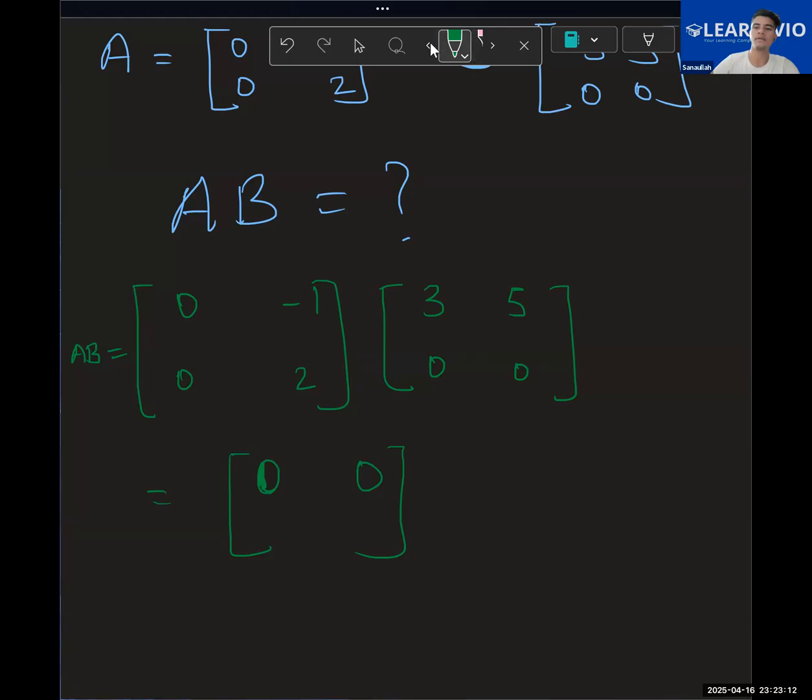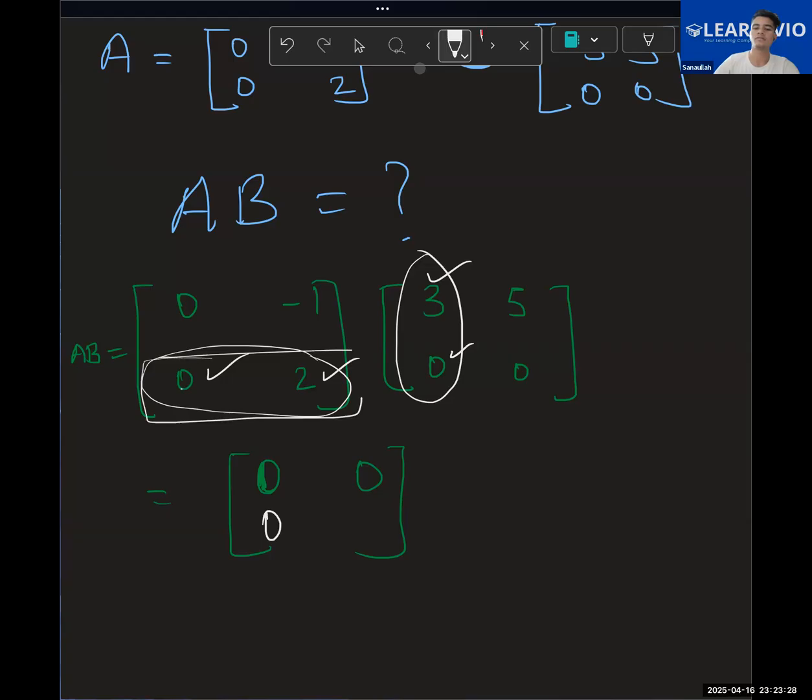Now here you see yourself, I have to pick this and this. So 0 times 3, 0. 2 times 0, that is 0. So 0 here also. Now this row and this row. 0 times 5, that is 0. 2 times 0, that is 0.